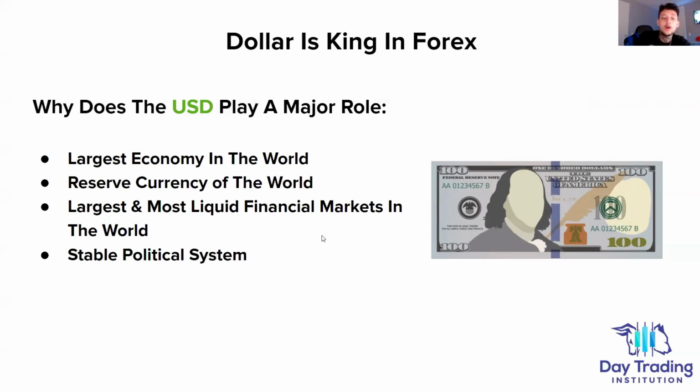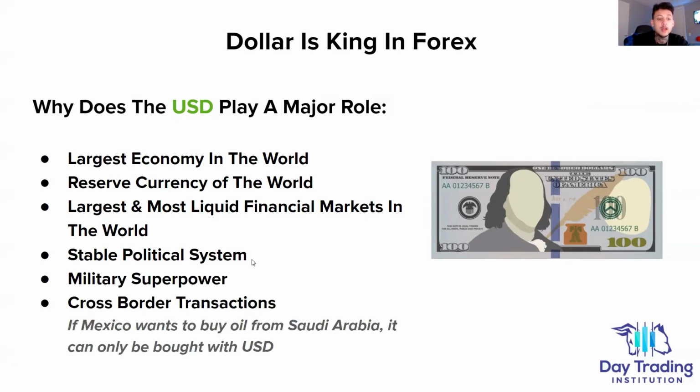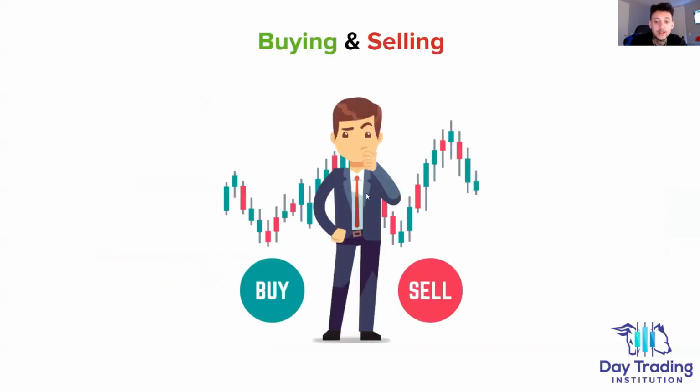The US dollar also has a stable political system and is a military superpower. And then of course we have cross-border transactions: if Mexico wants to buy oil from Saudi Arabia, it can only be bought with US dollars. Why is that? Because it is the reserve currency of the world. That is why the dollar is king. So whenever we have big news events going on in the economy, typically the US dollar is going to be affected the most.